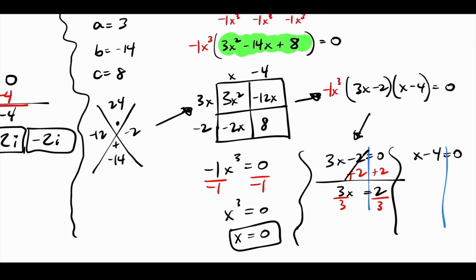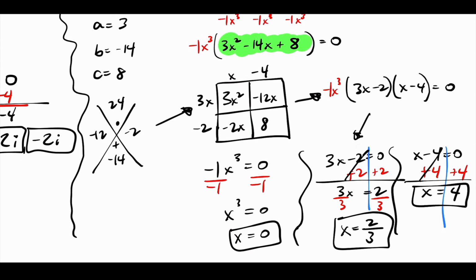Divide by 3. Divide by 3. X equals 2/3. And then the last one is add 4 to both sides, and you get positive 4. So in total, I do get 5 answers. Just 3 of them are 0. 0, 0, 0, 2/3, x equals 4.